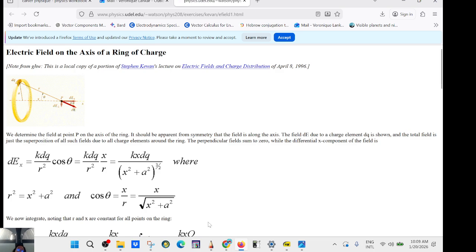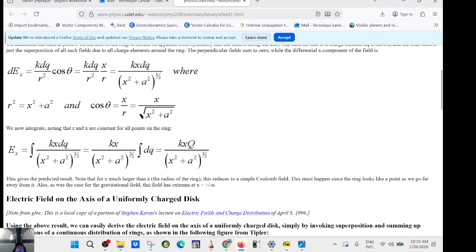So this is not even physics. Physics stopped here, and then it's just math. You find the x component just for this one, you get something like this, and then you keep only the x component at the end. That's what you're going to get.